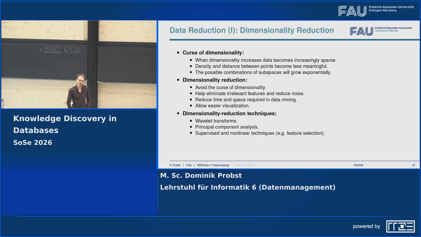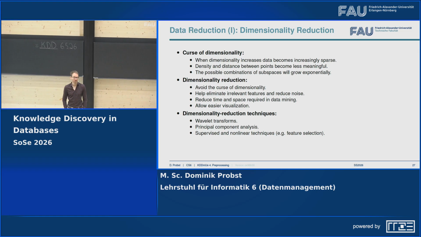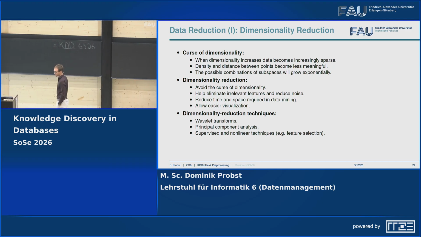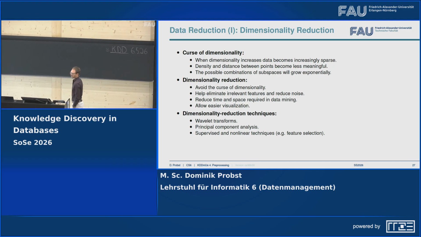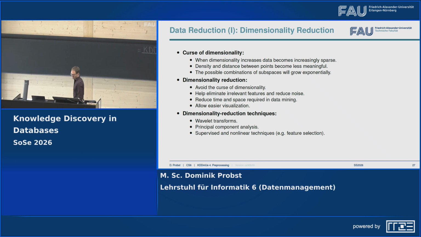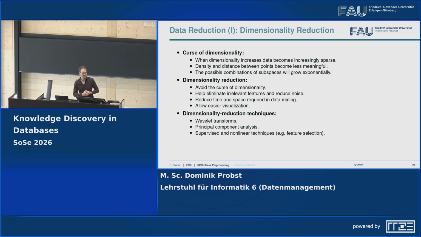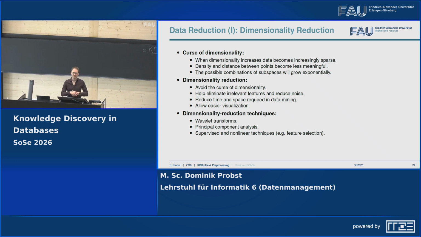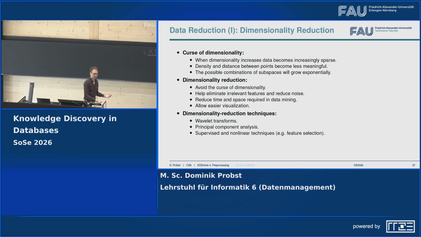So we want to reduce the number of attributes, the number of dimensions we are working with, because we have this curse of dimensionality we already talked about. If we have a lot of dimensions, there's a high likelihood that the information in each column is very low, because we have redundancies between these columns.